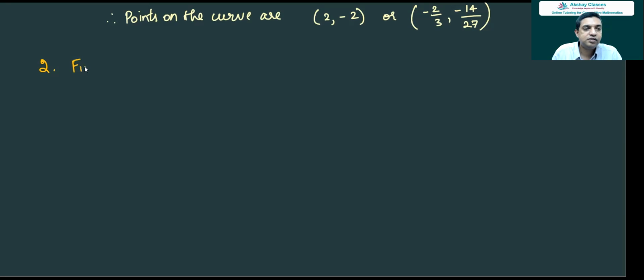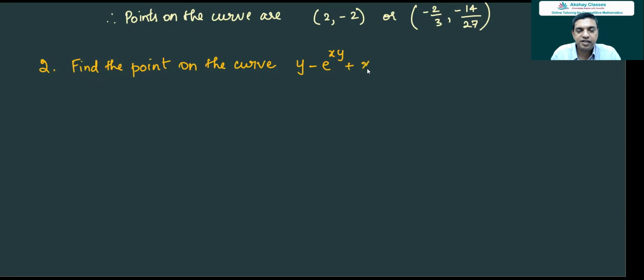Find the point on the curve y minus e power xy plus x equal to 0, at which the tangent is vertical.